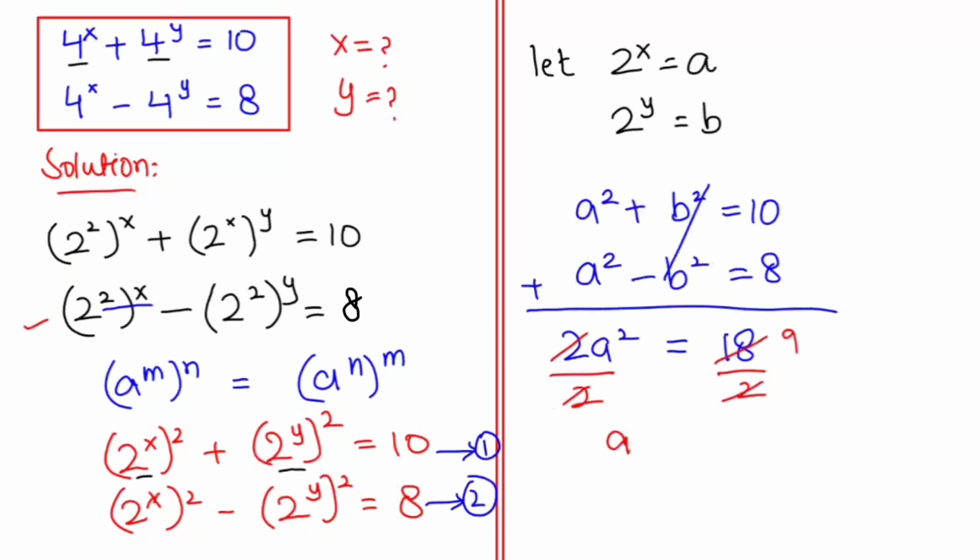So a to the power of 2 is equal to 9. Now I want to remove the power, so I am going to take the root on both sides. So a is equal to plus or minus 3. Now a is equal to positive 3 and a is equal to negative 3.